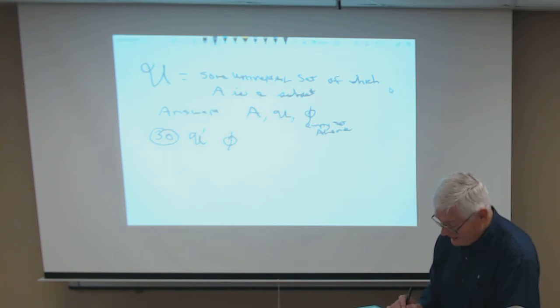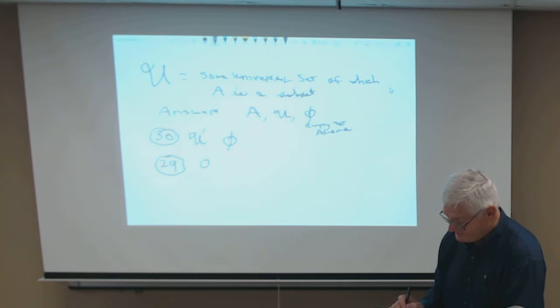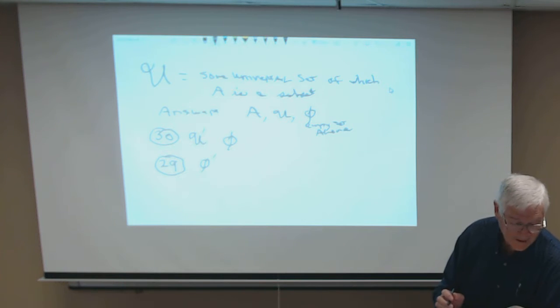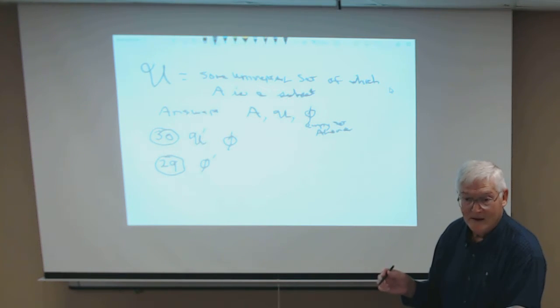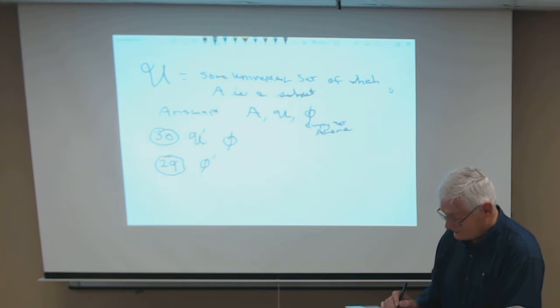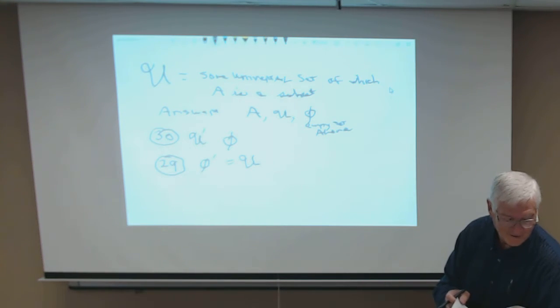Okay, so let's look at 29. See, that's one of ours. I know, but since somebody asked, let's work it. The complement of the empty set would be what? The universe. There you go. Do you feel like a philosopher now? A mathematical philosopher?